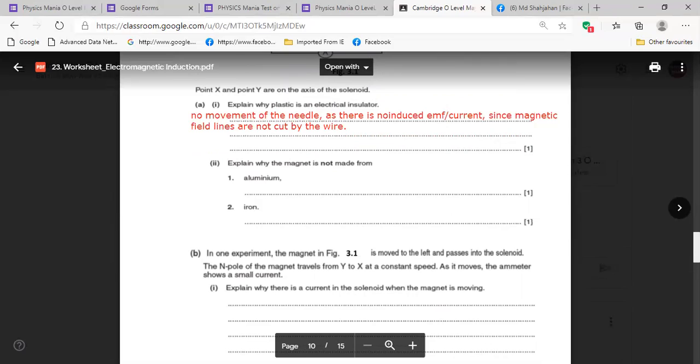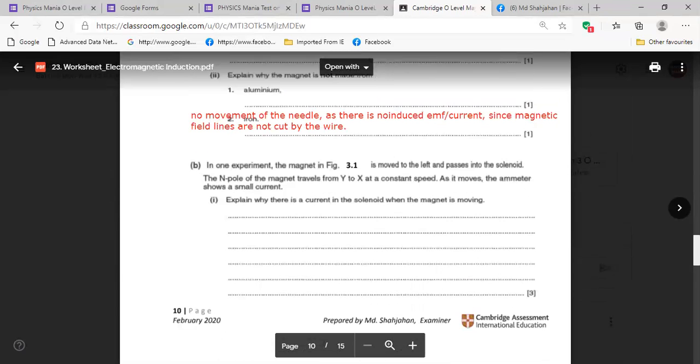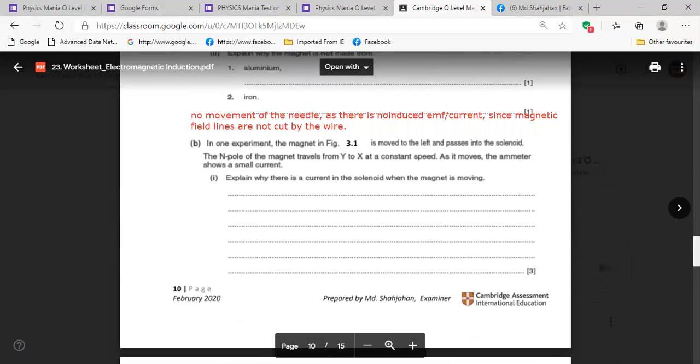Very good. Then iron: iron is not a permanent magnet, iron is a soft magnetic material. You're right. Is it clear? Yes. The next, read.